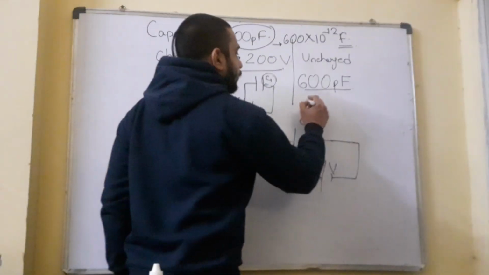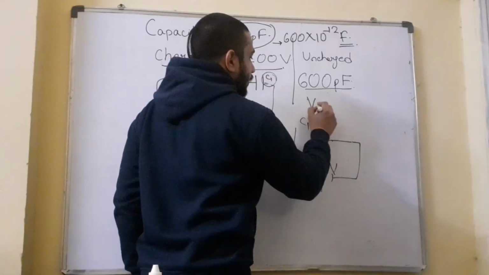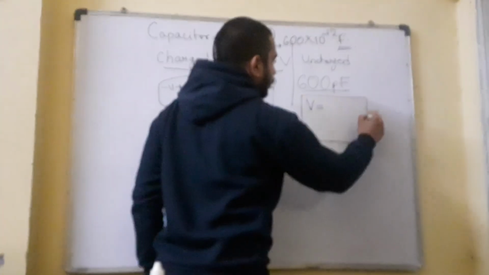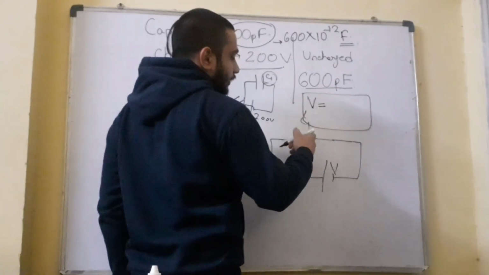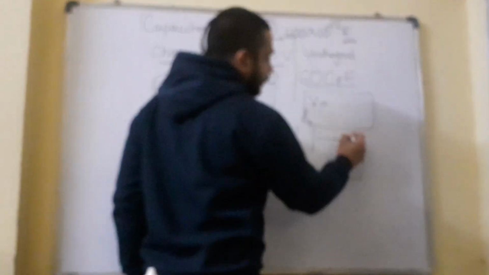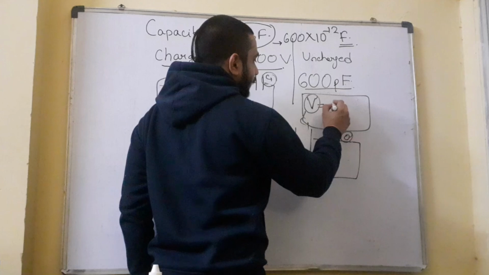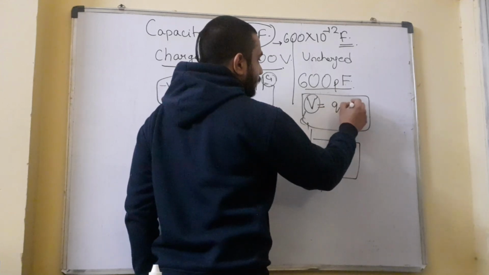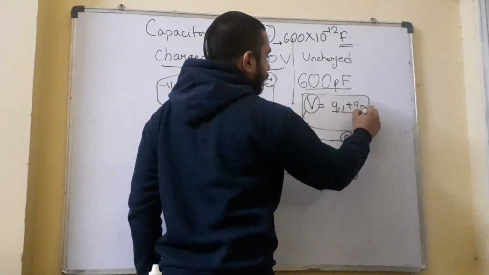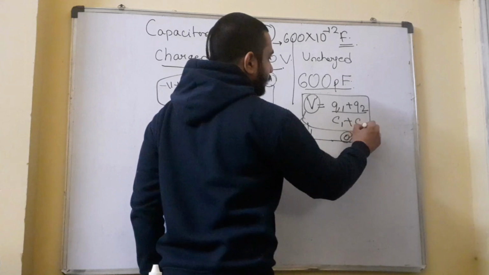Okay, so now this voltage V, what will this be equal to? Since the other capacitor has zero charge, we know that V is equal to Q by C. So Q1 plus Q2 upon C1 plus C2.